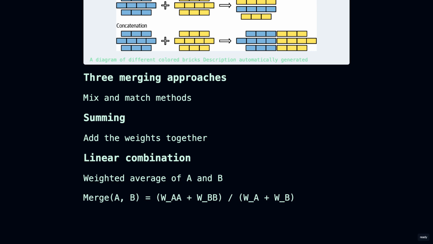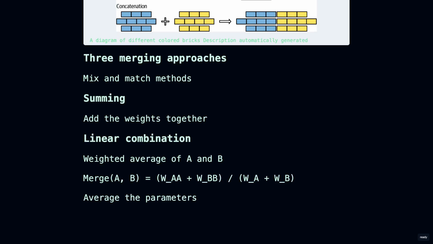If both weights are equal, the merged result is just the ordinary average of the two models. This example shows the simplest case where both models contribute equally. The important idea is that parameter averaging can produce a useful merged model without any extra inference cost.